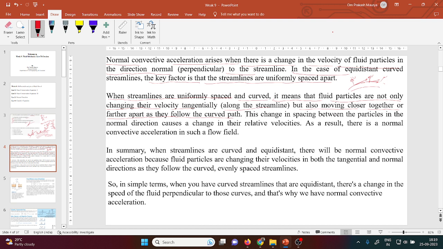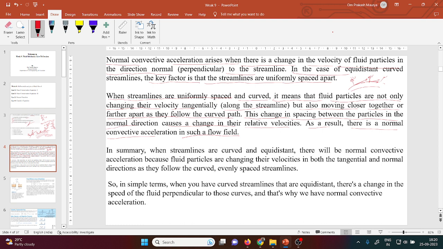This change in spacing between the particles in the normal direction causes the change in their relative velocities. As a result, there is a normal convective acceleration in such a flow field.